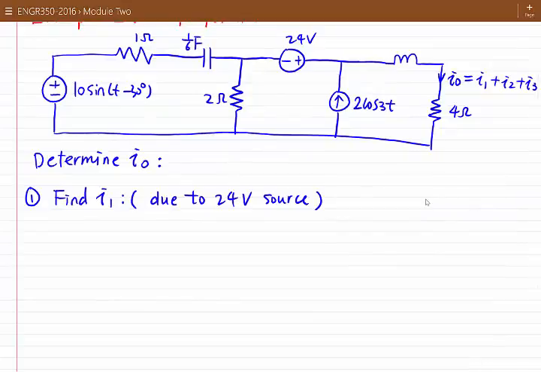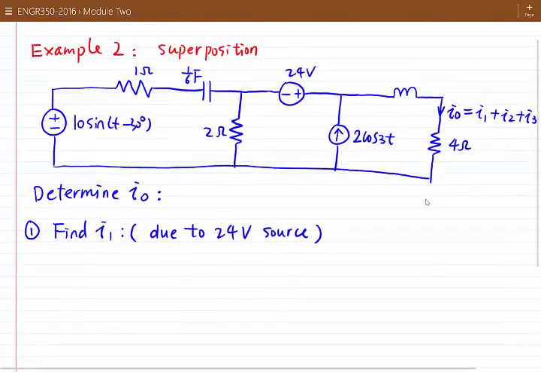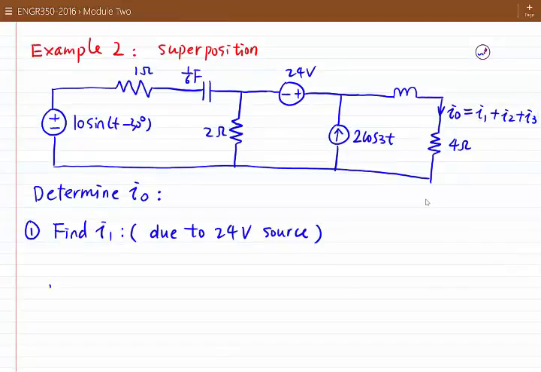So let's look at the circuit topology. If we turn off the voltage source, that means the voltage source will be 0, and that means we short circuit the voltage source. So for the left hand side voltage source, we short circuit it. And then we have a resistor which is 1 ohm.